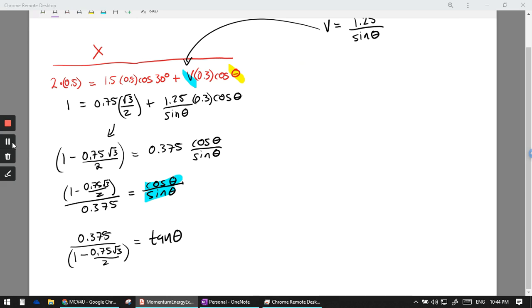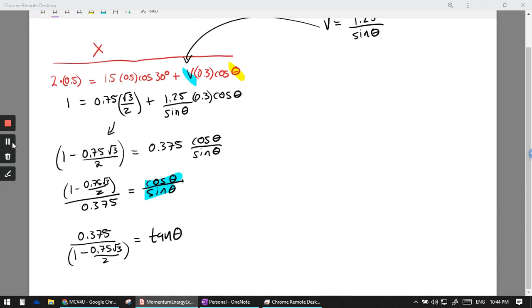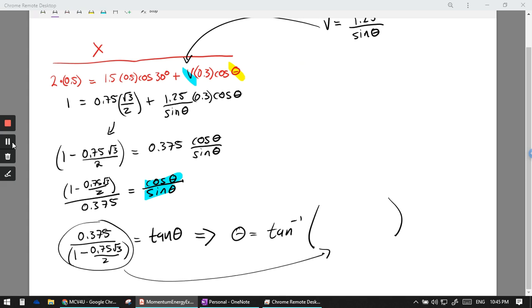And now, if I go ahead and do a little bit of algebra or inverse, I'm going to say that theta is the tangent inverse of this stuff here. Go ahead and throw that in there.